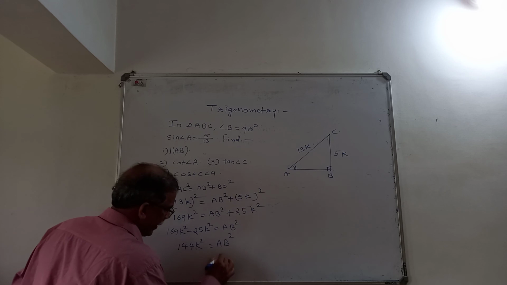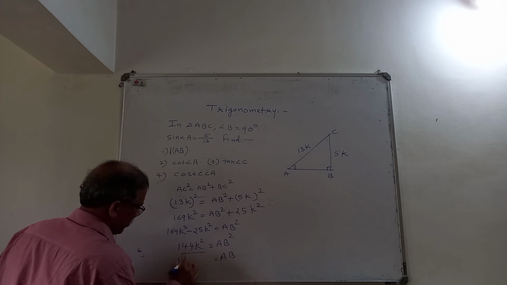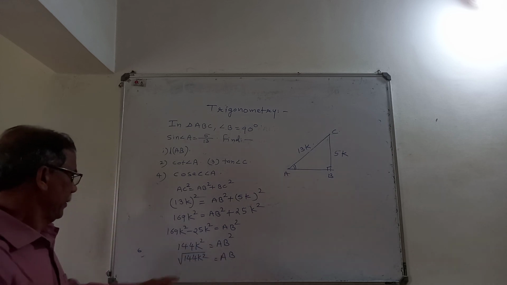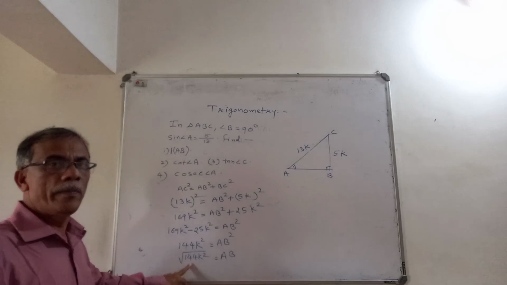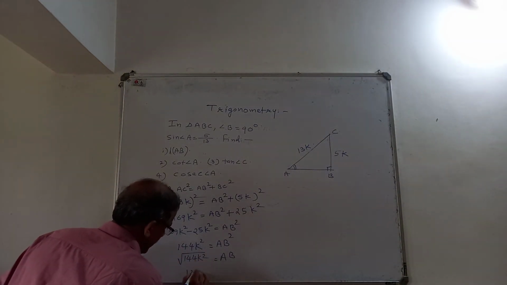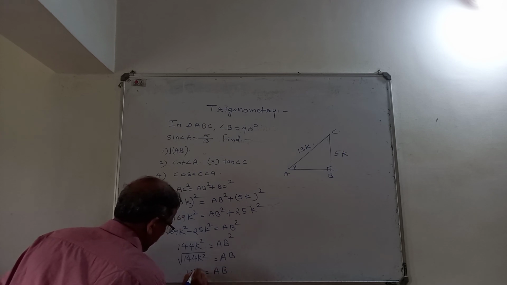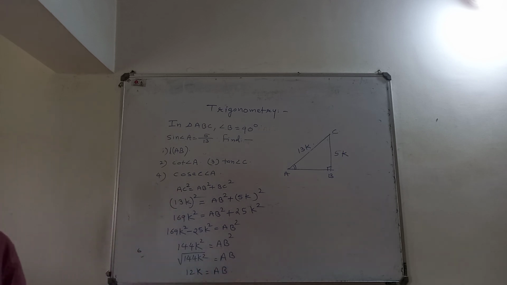And we want to find AB. So AB is equal to square root of 144k square. And 144 is square of whom? 12. So 12 and square root of k square is k is equal to AB. So AB is equal to 12k.